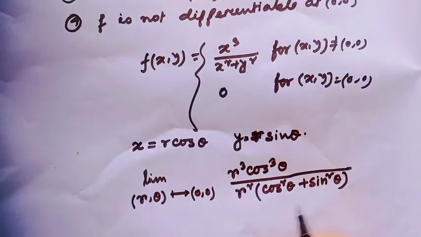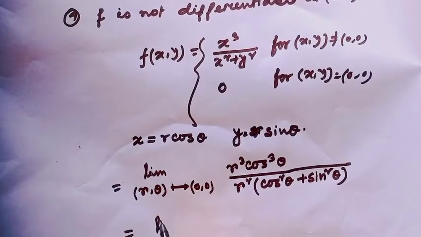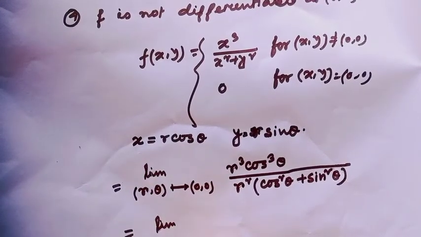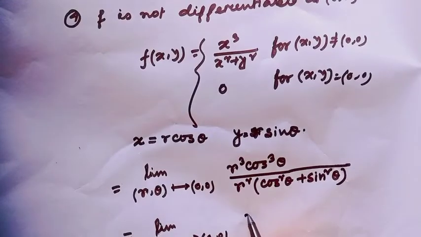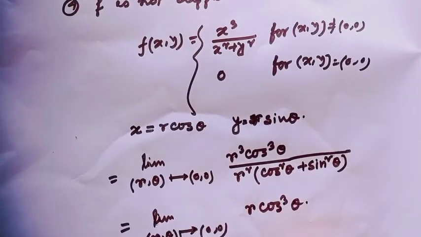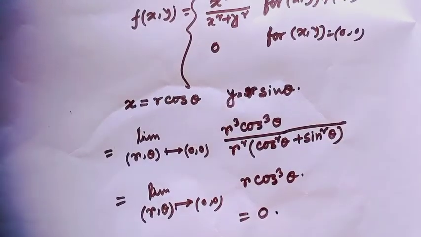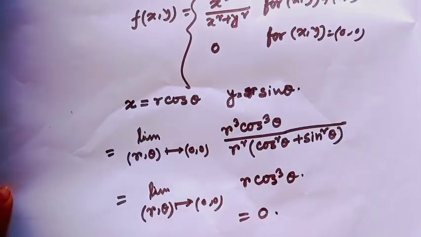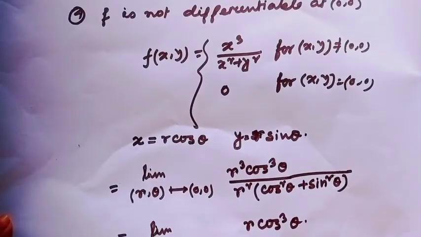Okay. And this is equal to limit as (r, theta) tends to (0, 0) of r cos cubed theta. And this value is always 0. Since the limit is finite, that means the function is always continuous at the point (0, 0).